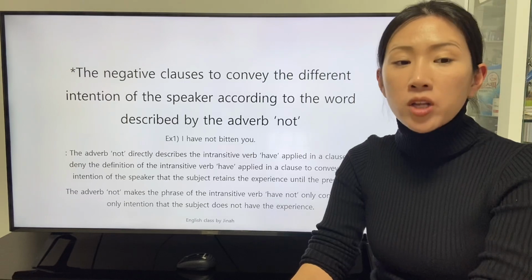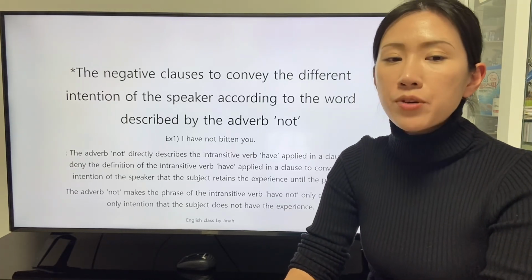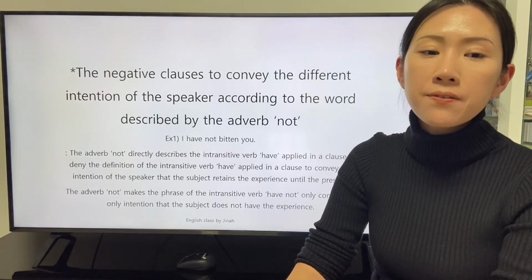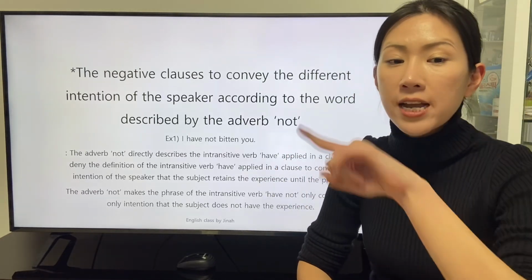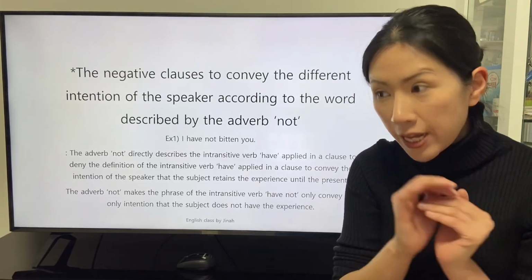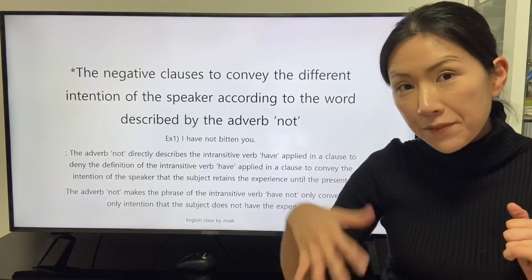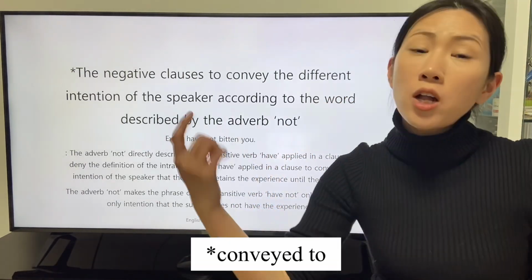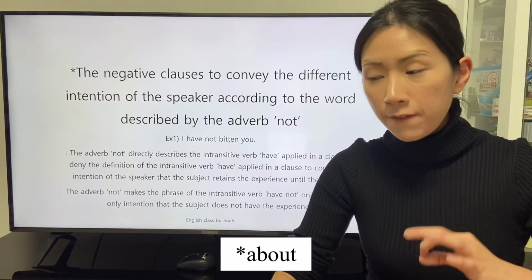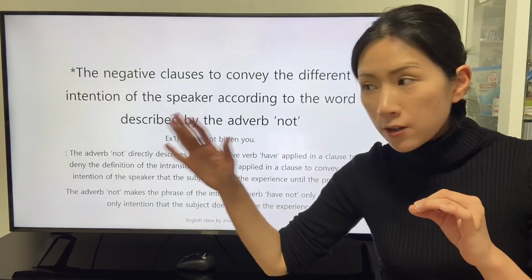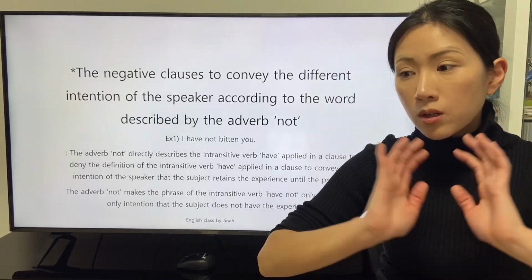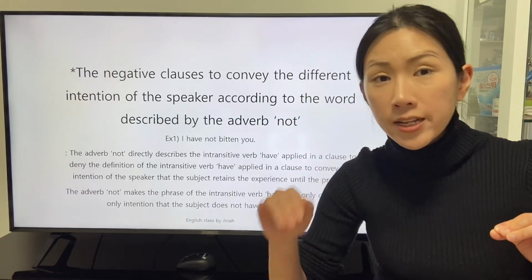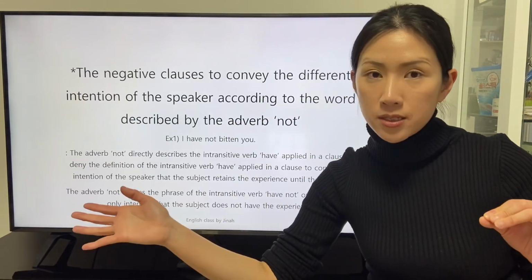The adverb not makes the phrase of the intransitive verb have not only convey the only intention that the subject does not have the experience. The opposite definition that can be the listeners: the existence of the experience is the only one that the subject does not have the experience.